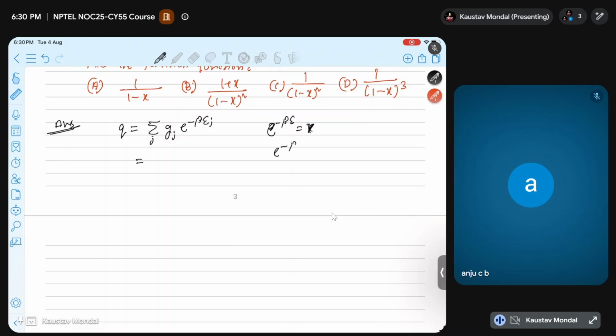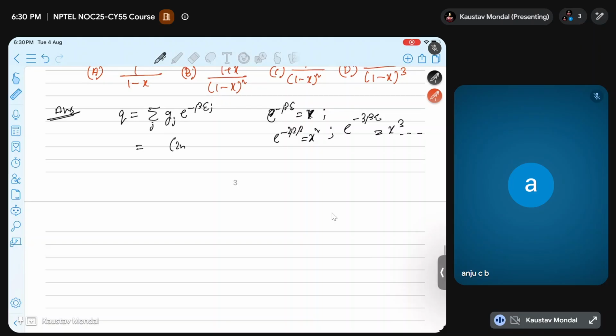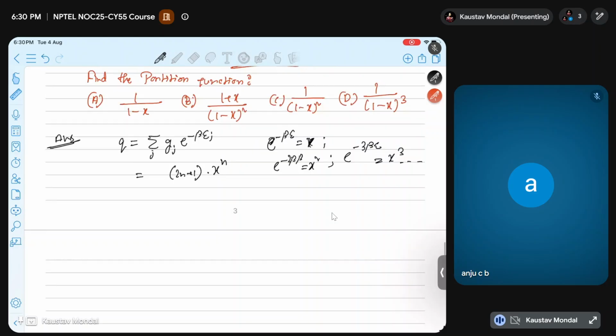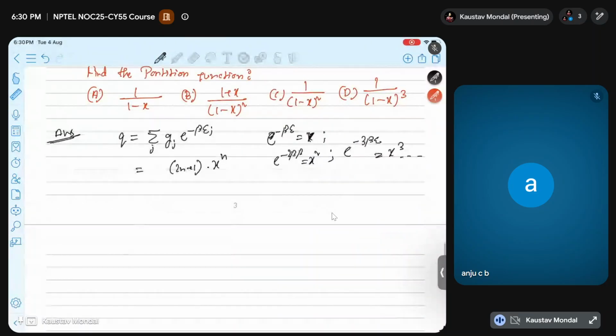That means e to the power minus 2 beta e would be x square, e to the power minus 3 beta e will be x cube, and so on. Here the degeneracy is 2n plus 1, and this we can write as x to the power n, since the energy scales with n into e. So the summation will be over n equal to 0 to infinity.